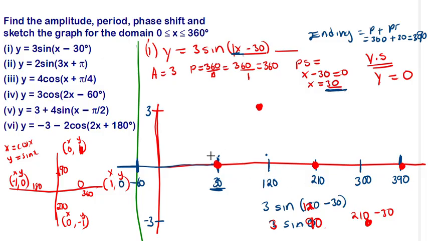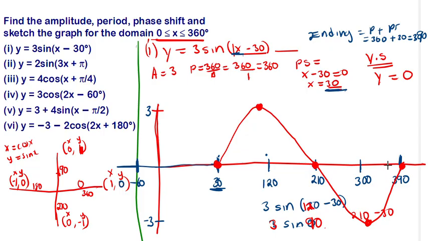So in short, your graph will go like this, like this, right? That's how your graph moves. But the main thing you need to take note of with this kind of graph, you shall observe that they have told us the domain is supposed to be from 0 to 360.